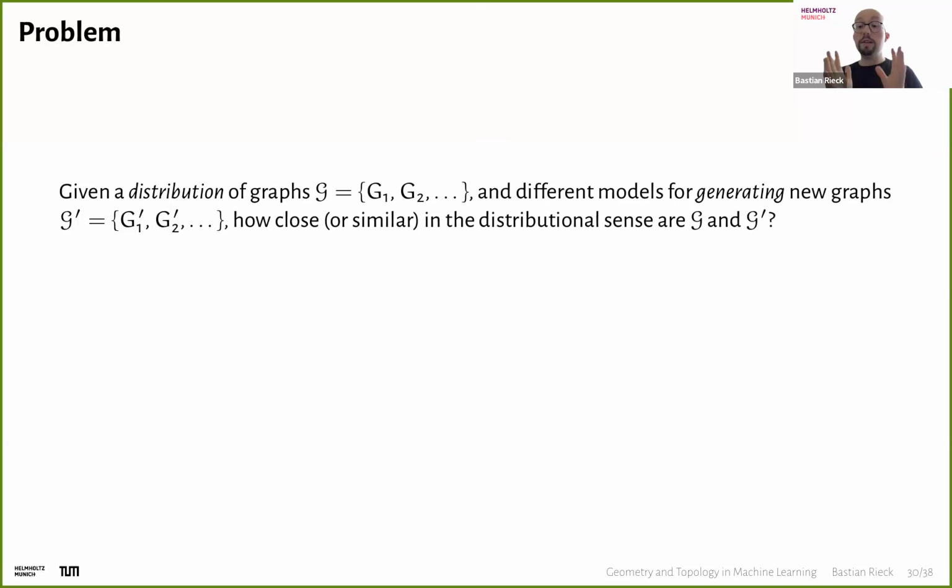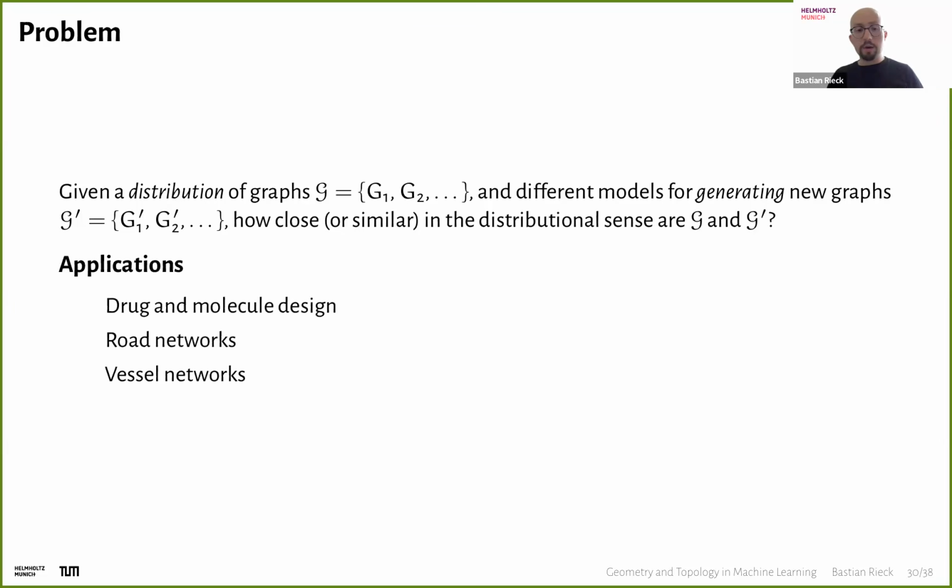So can we say something about a model being able to provide realistic graphs? That's a very important problem for various domains, for instance, if you want to generate realistic graphs, or if you want to generate molecules that have certain properties and so on. And we want to address this by a topology and geometry-based method.